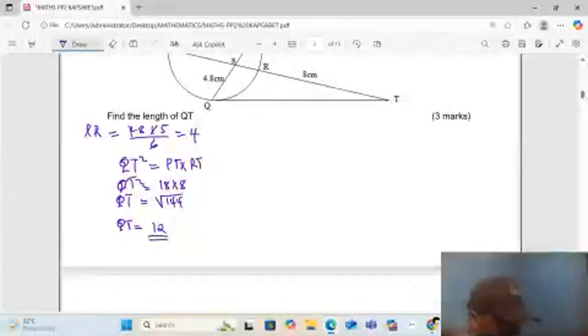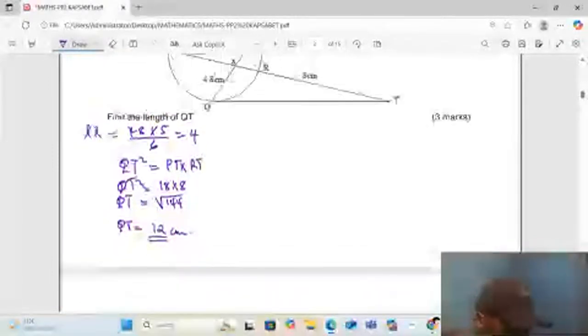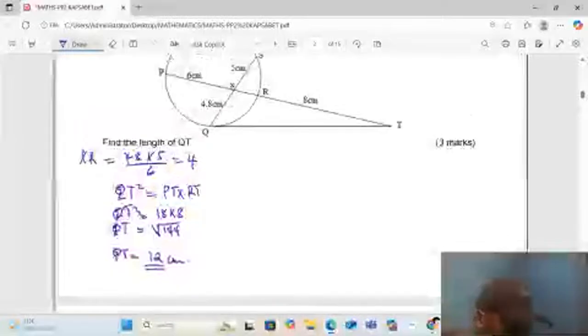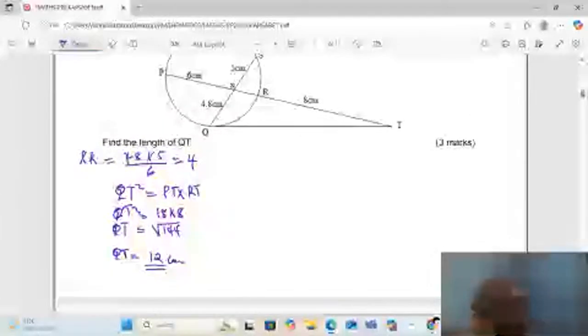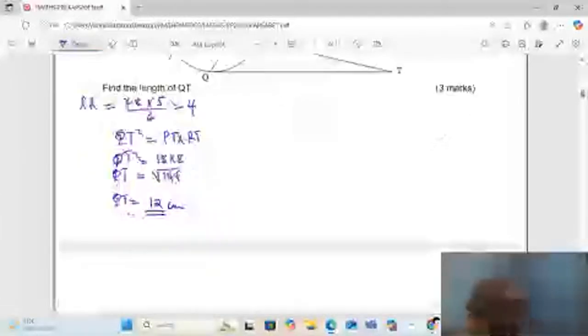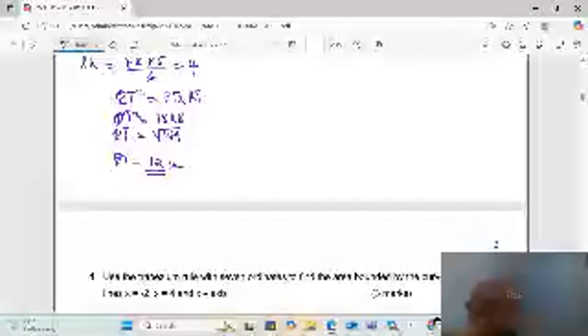So QT becomes 12 centimeters. So that is how we apply the rules to come up with the distance QT.